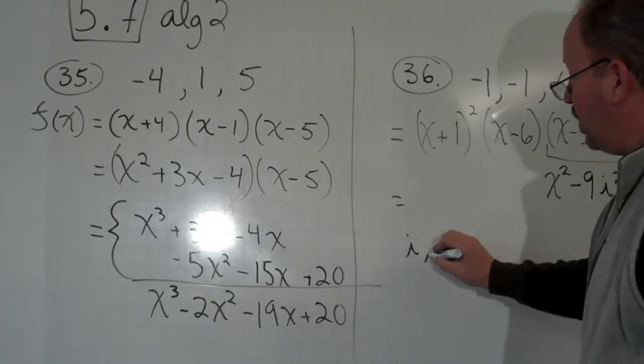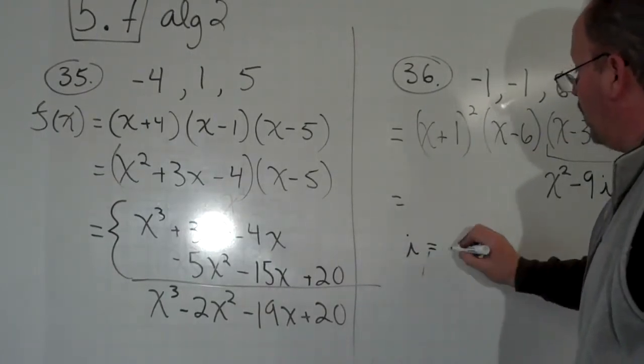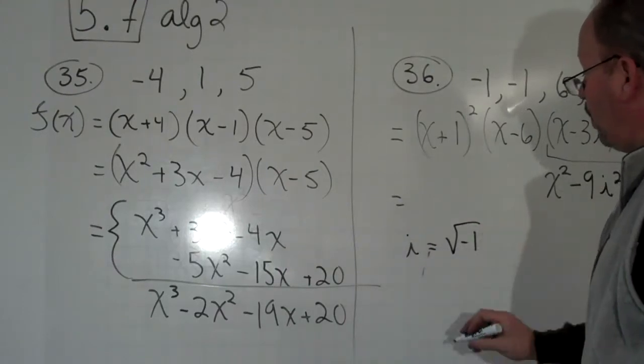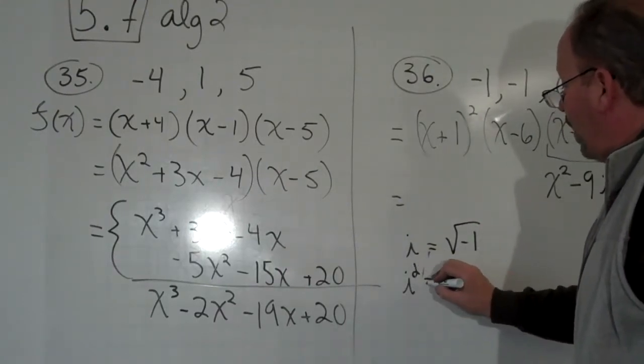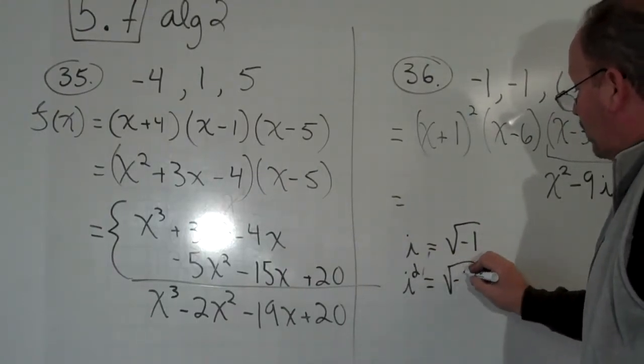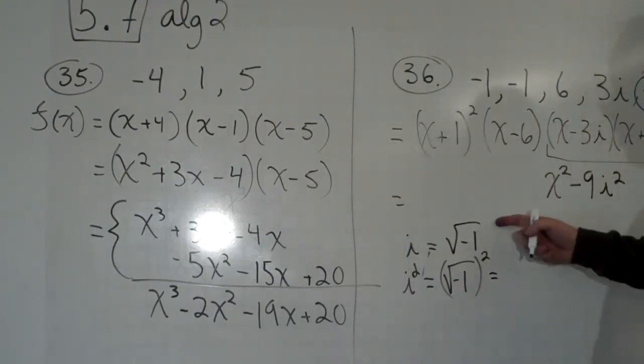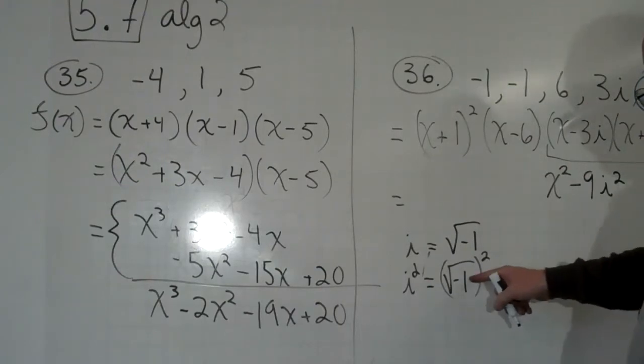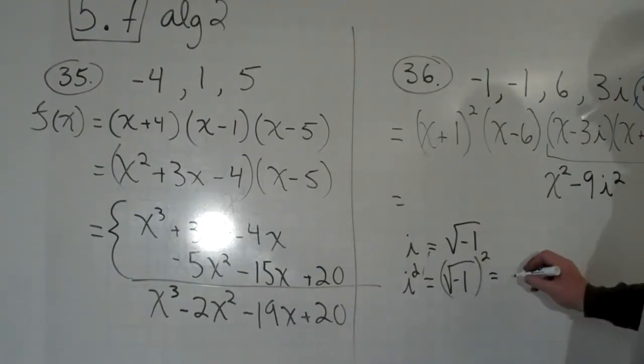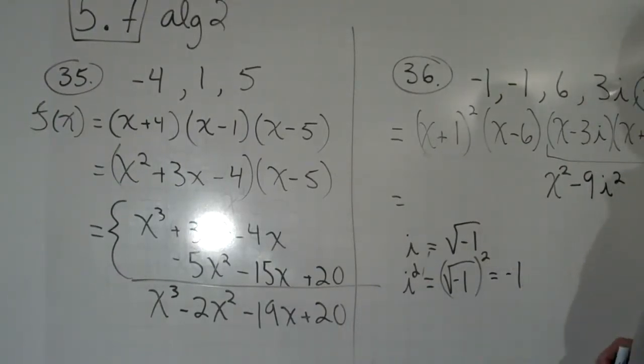Since i equals the square root of -1, i squared equals the square root of -1 squared. These are things we need to remember by now. The square root of -1 squared is -1.